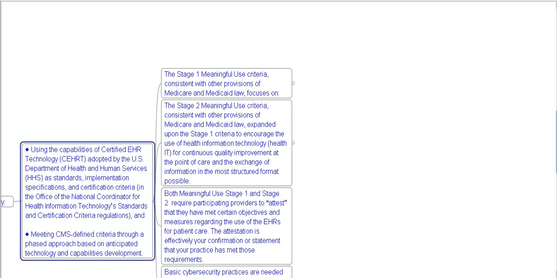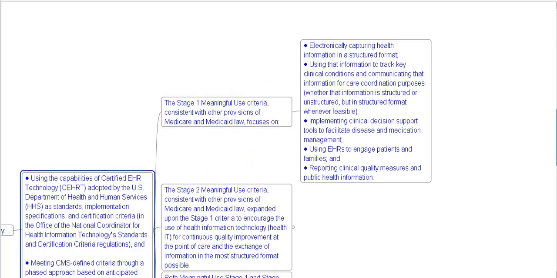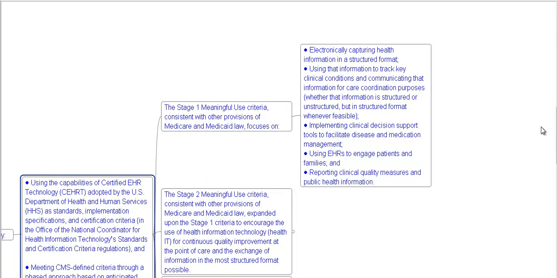The stage 1 meaningful use criteria, consistent with the other provision of Medicare and Medicaid law, focuses on electronically capturing health information in a structured format, using the information to track key clinical conditions and communicating that information for care coordination purpose, whether that information is structured or unstructured, but in structured format whenever feasible.